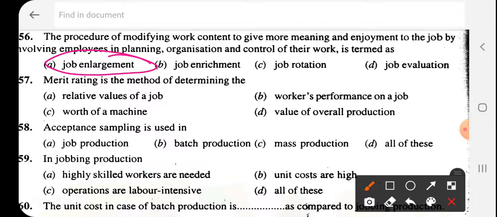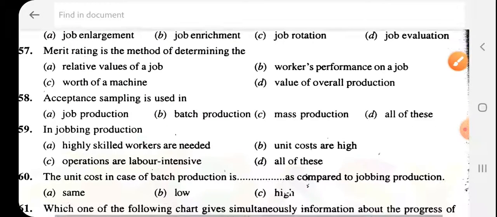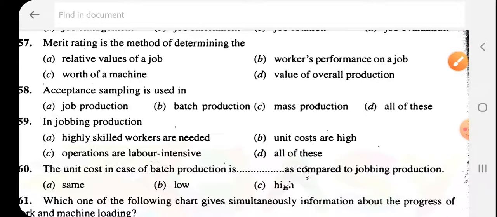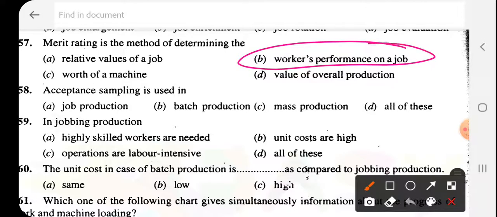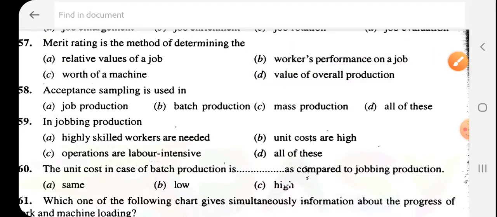Job enrichment means giving proper uniform, proper salary, proper security, health schemes, and all these. Okay, merit rating is the method of determining workers' performance on the job. So how he is performing.